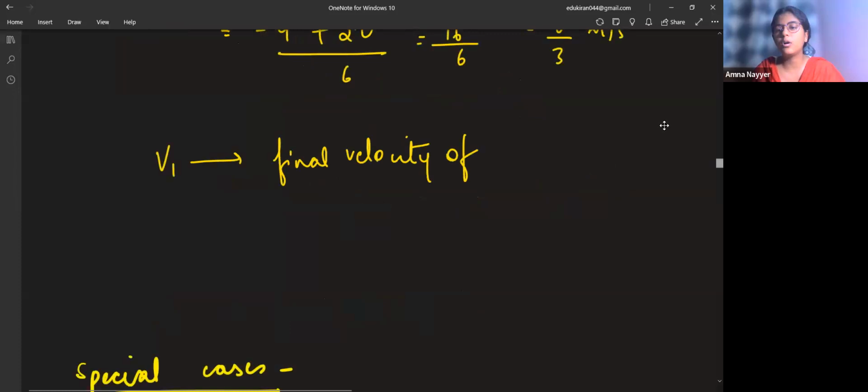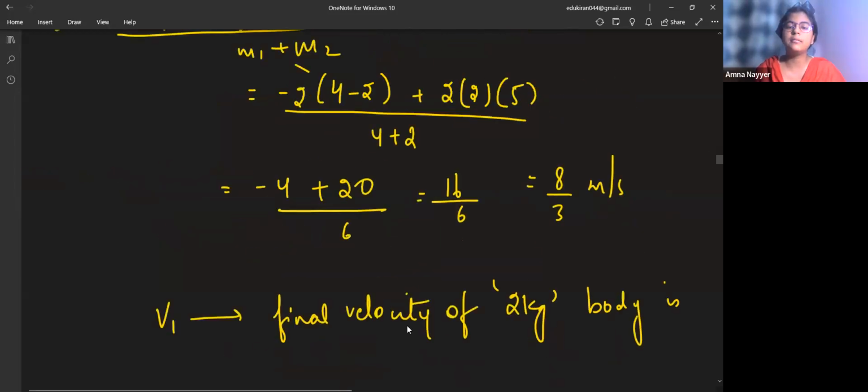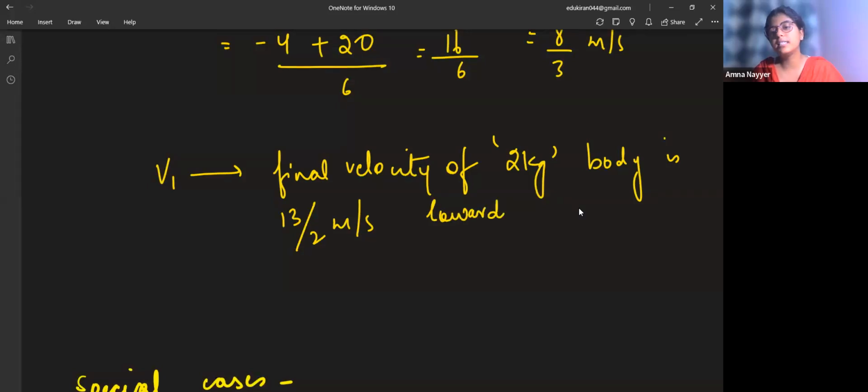Final velocity of 2 kg body is 13 by 2 meter per second towards left.